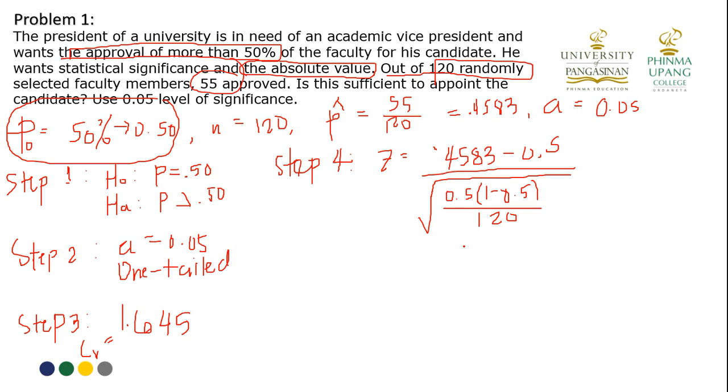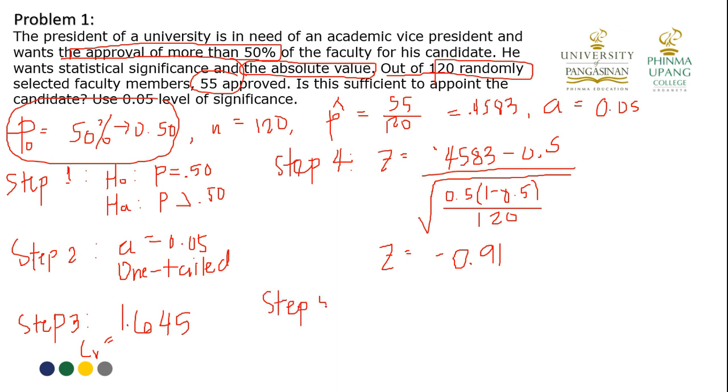So, bigyan nyo ako ng 2 decimal places sa z value natin. Negative 0.91.